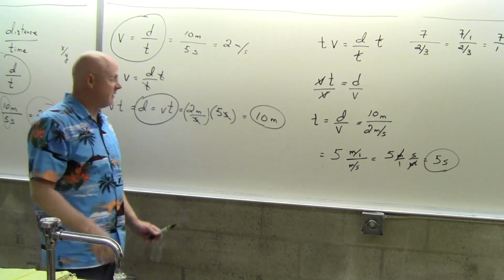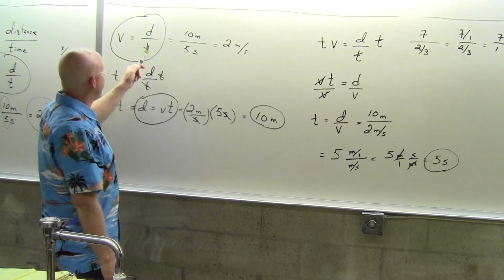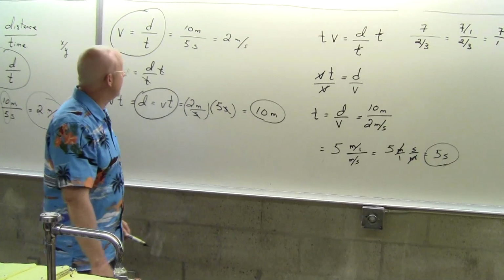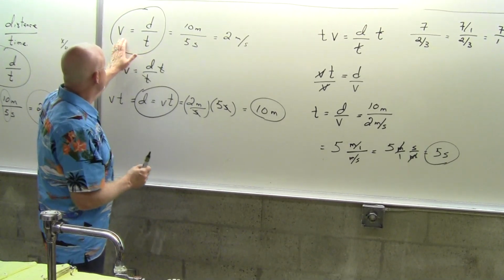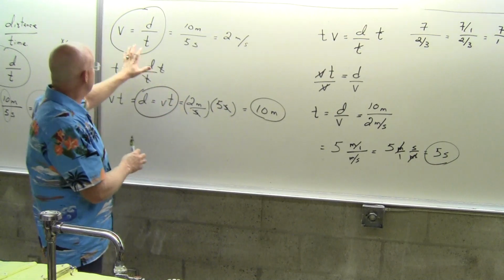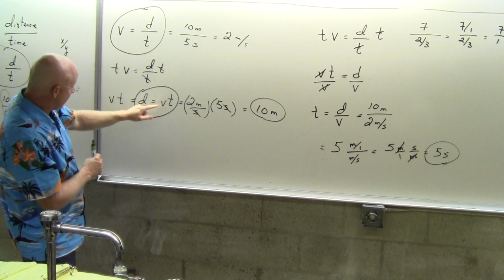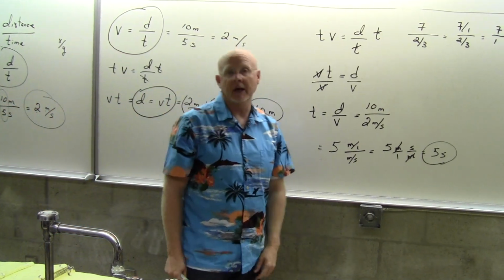But I want to emphasize then how you work with your units and emphasize that if you ever have a formula like this, in this case, we have 3 variables. Given any 2, you can find the third. It doesn't have to be the one that's written. You can rearrange it to get any of them by themselves. And so we start with velocity by itself, but we can rearrange it to get distance by itself, or rearrange it to get time by itself.